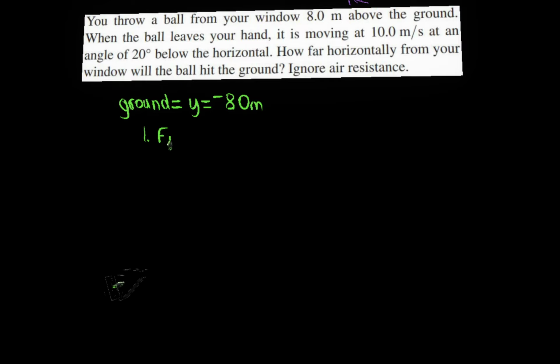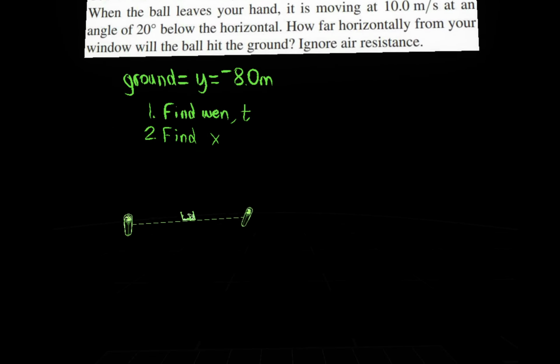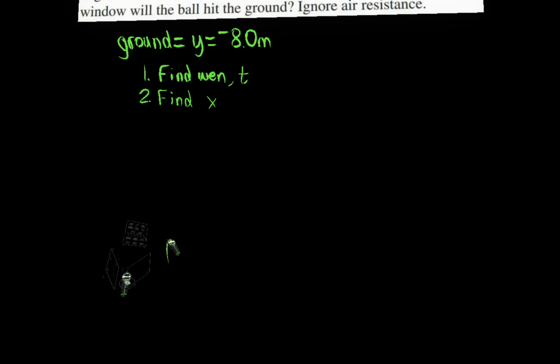So find when, the time, right? When is y negative 8.0? And then after that, we're going to use our when to find x. That's the game plan. All right, so let's draw a diagram.